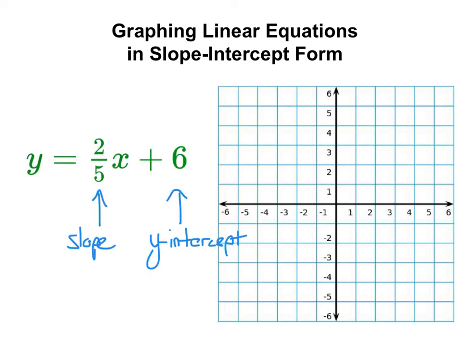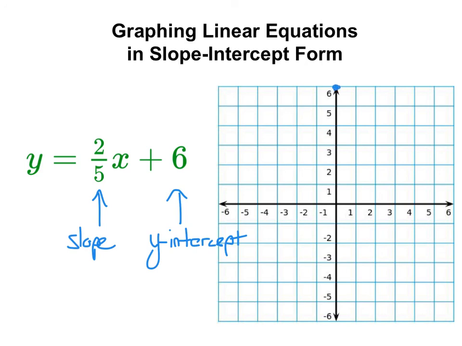All right, last example. We have y equals 2/5 x plus 6. 6 is my y-intercept, and 2/5 is my slope, and it's positive. Because it's positive, I should see my line rising as I move from left to right. I always start graphing in slope-intercept form with my y-intercept, so I'm going to put a point at 6, which is all the way at the top of the graph.